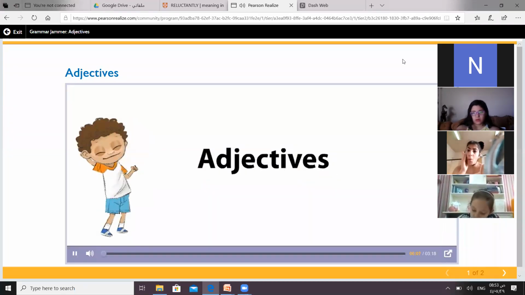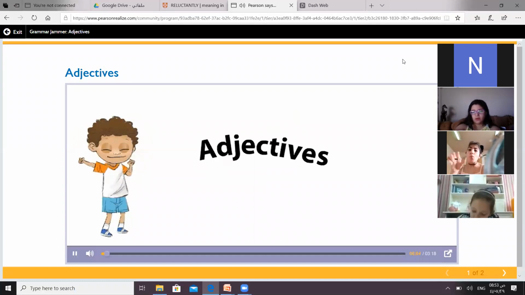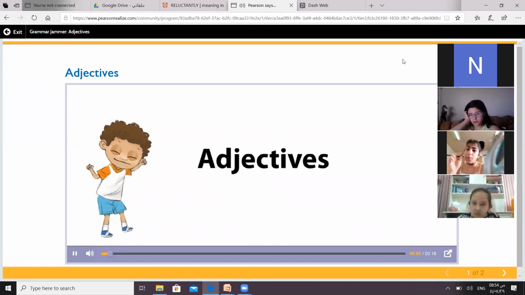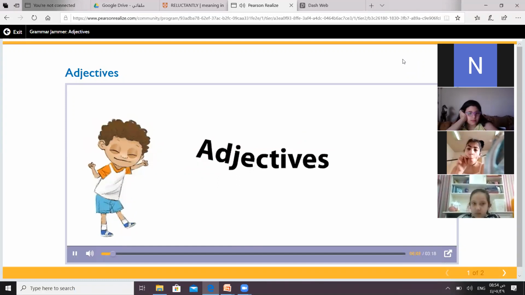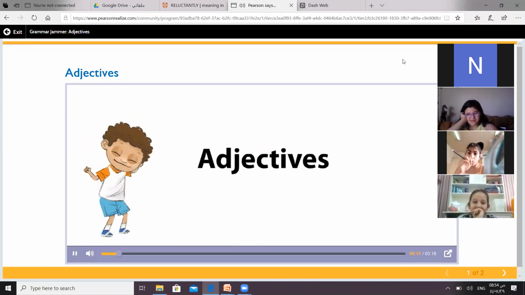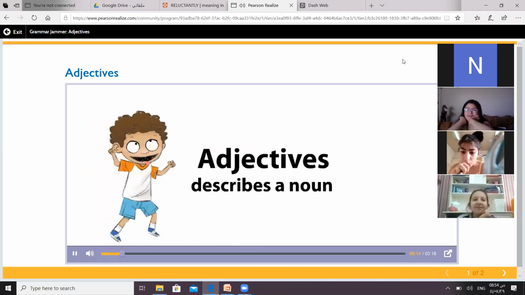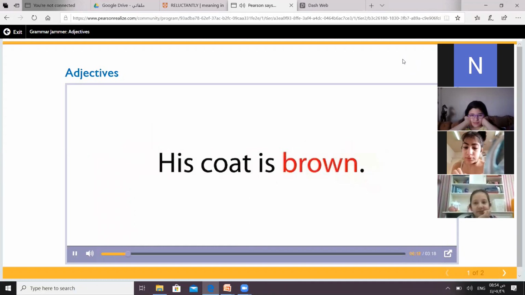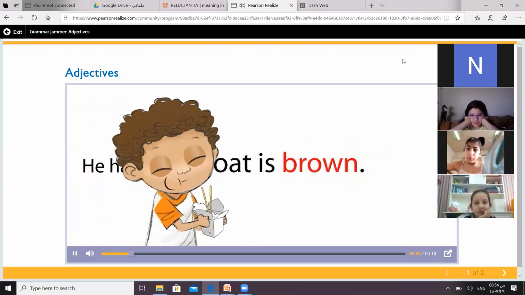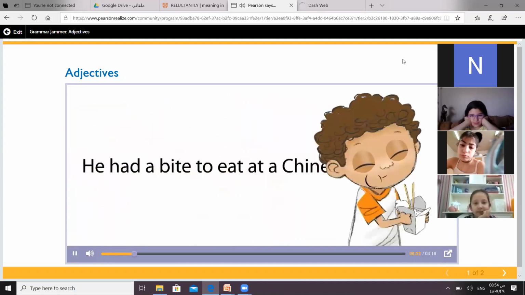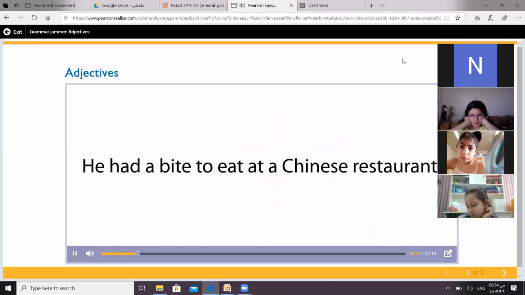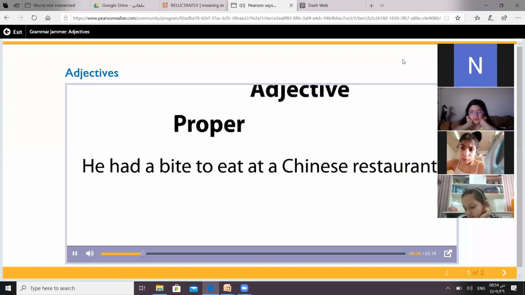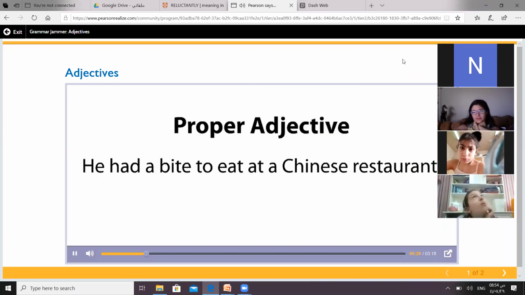We like it. We like those adjectives. An adjective is simple. It describes a noun. Like Carlos is silly or his coat is brown. Now Carlos was hungry, so he had a bite to eat at a Chinese restaurant just up the street. There's a proper adjective in that sentence there.